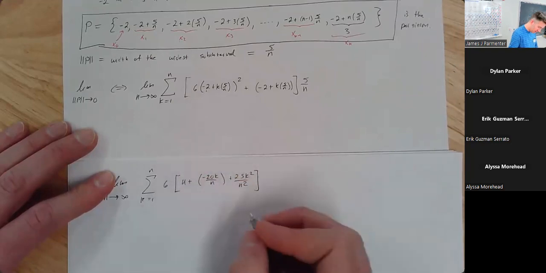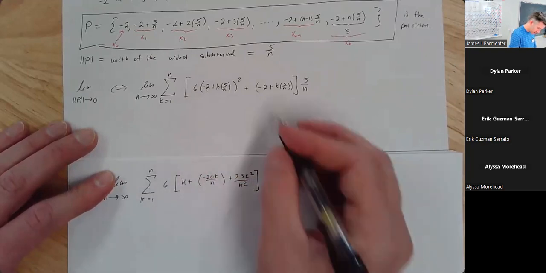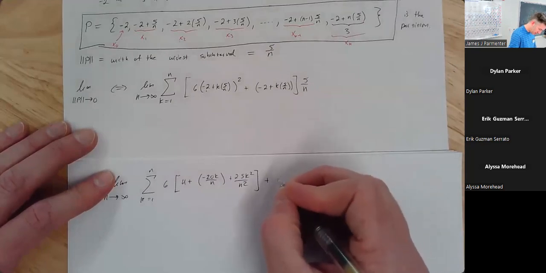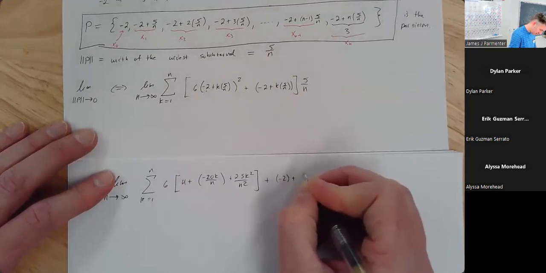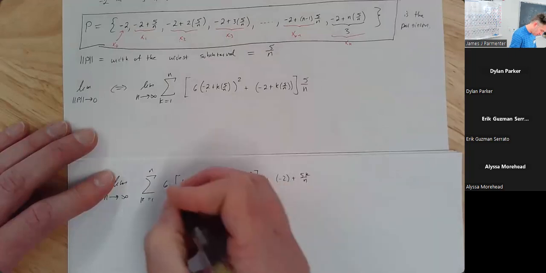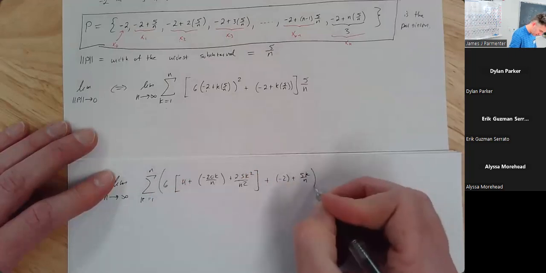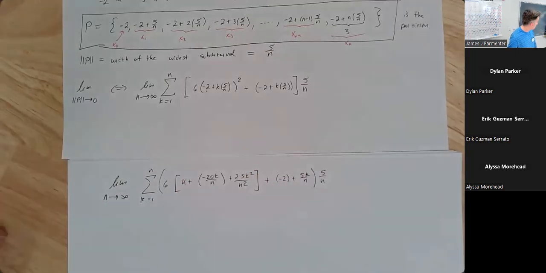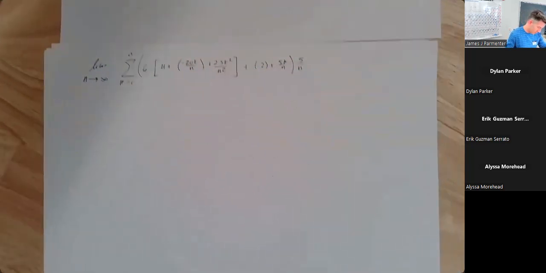All of that still times 6, plus -2 plus 5k over n, all that times 5 over n. See, it's gross, but it's not undoable. It's just a little bit of bookkeeping.